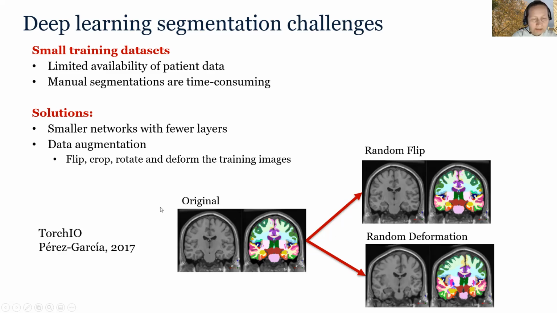One piece of software that exists for that is TorchIO, and it's really helpful because you can quickly generate these augmentations. So here you can see random flip, and here you can see deformation of the image.